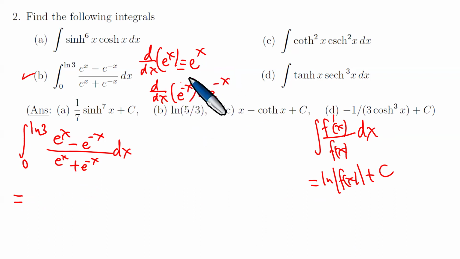Doesn't matter e to the power what, but it has to be e to the power of a variable. If it is e to the power of a number, then that is a constant and the derivative is 0. The derivative of e to the power minus x is e to the power minus x multiplied by the derivative of the top, which is minus 1.